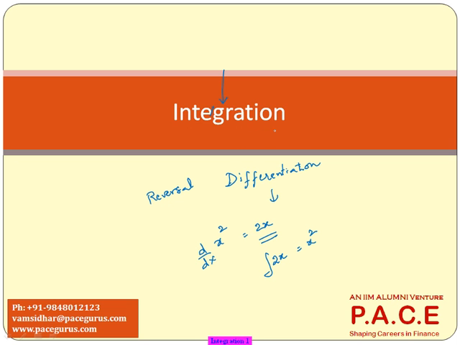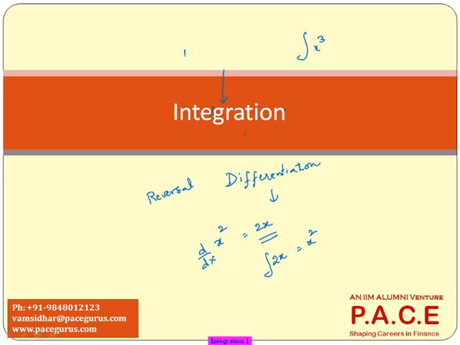Sometimes if someone asks you to integrate as a simple question, suppose there is a question which says do the integration of x cube, the simple way to understand this is to try to differentiate in your option choices.